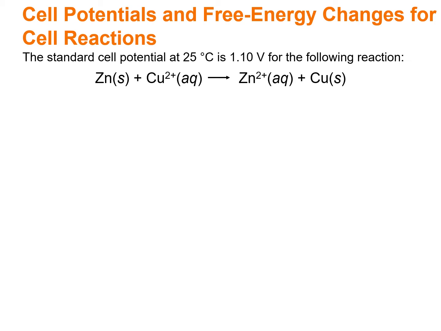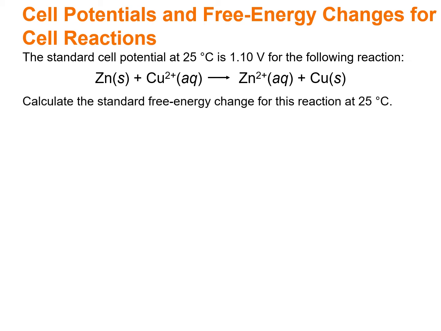At 25 degrees Celsius, we measure the standard cell potential to be 1.10 volts, and we want to calculate delta G. The best thing to do is make sure we understand what n equals in this case, and it's going to be 2, since the zinc is losing 2 electrons and the copper is picking up 2 electrons. We've got the E naught value, 1.10 volts, and the temperature is 298 Kelvin.